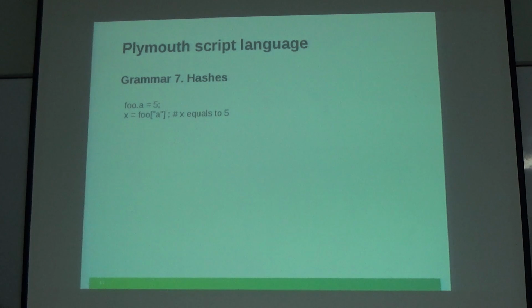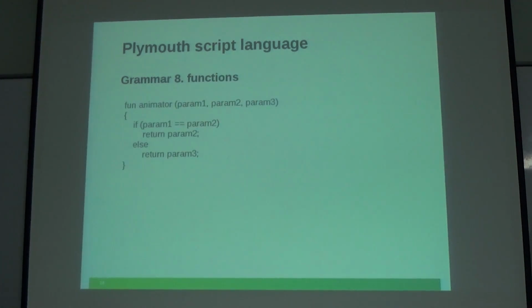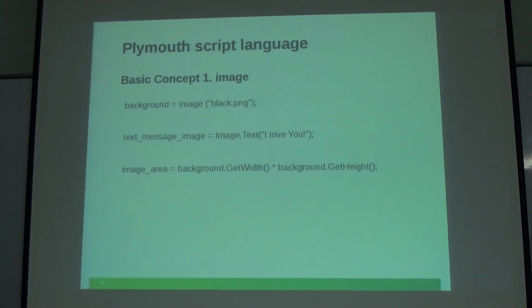We always put these image names into a hash to pass them to functions. When we write Plymouth scripts, there are two most important concepts we should understand.